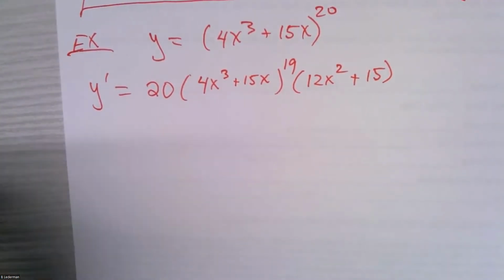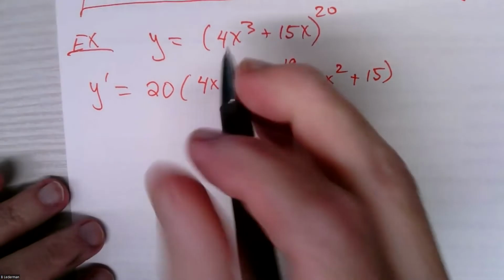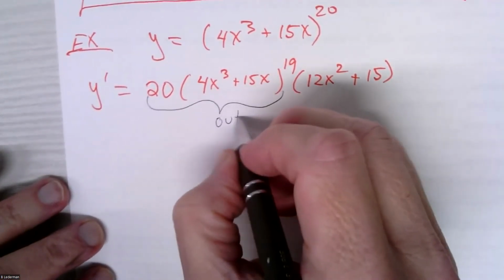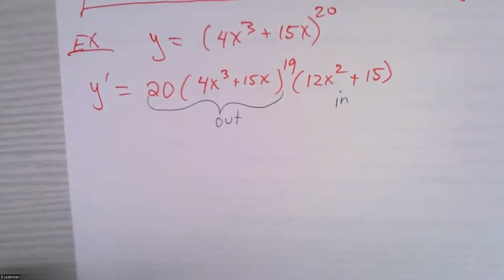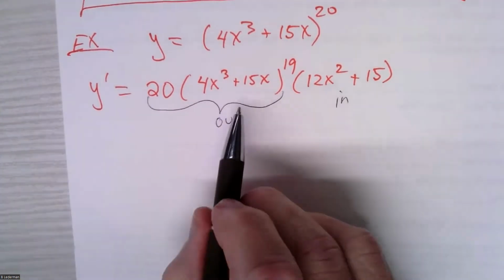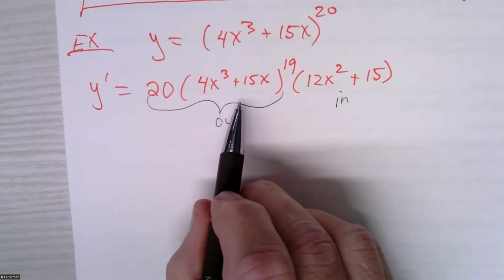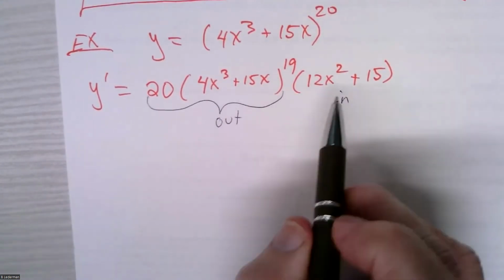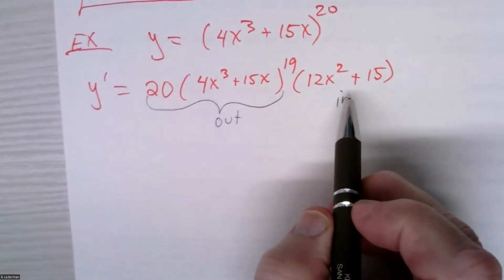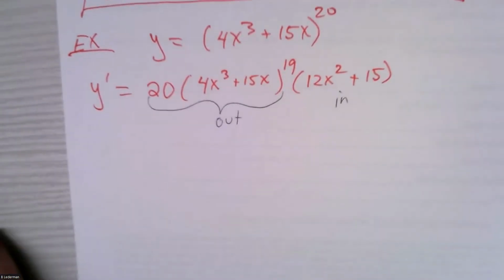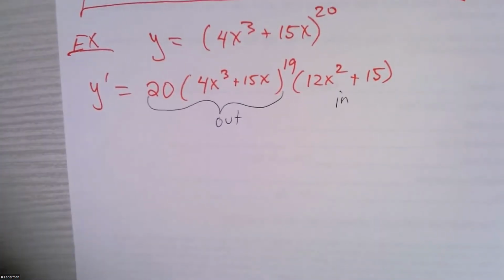So this is the outer, and this is the inner. So we have the outer derivative and the inner derivative. This is the derivative of that outer function, u to the 20th power, and this is the derivative of that inner function, that which is inside the blob. So it all works out very beautifully. Let's do another problem.